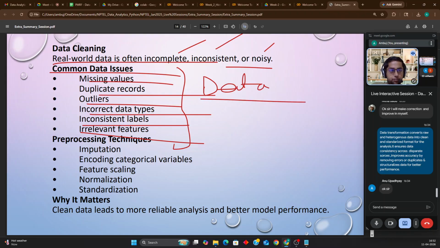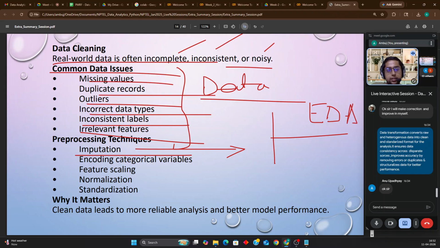How will you perform pre-processing by imputation? A very important term, imputation: replacing the missing values by looking at the previous values, performing exploratory data analysis, seeing the trend, and then replacing those missing values with the estimated values calculated by watching the trend.